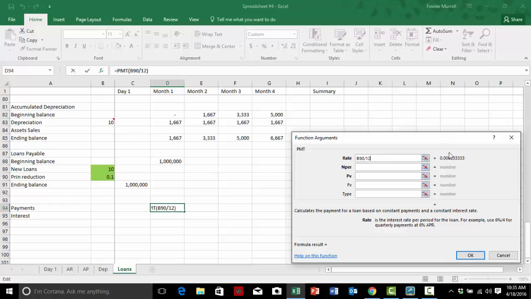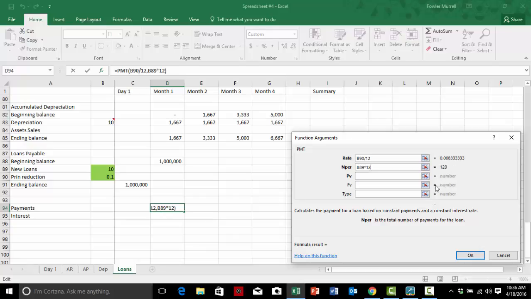And out here you can see this says a monthly interest rate of that amount. Number of periods is the total number of payments for the loan. Our periods are here. This is 10 years. This is, again, a year, so we need to multiply this by 12. And you get 120 periods, and that's correct.